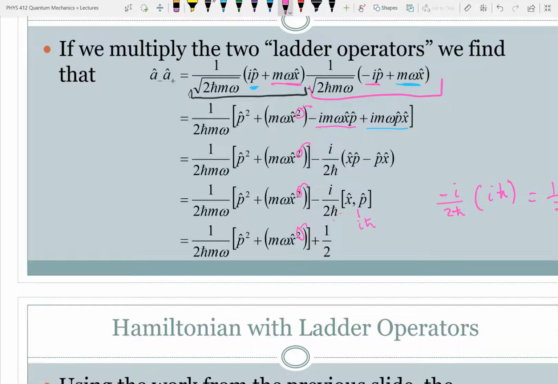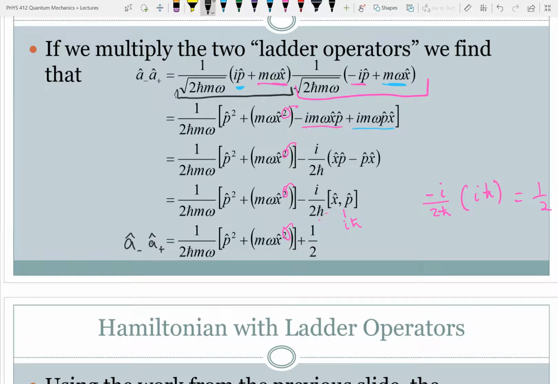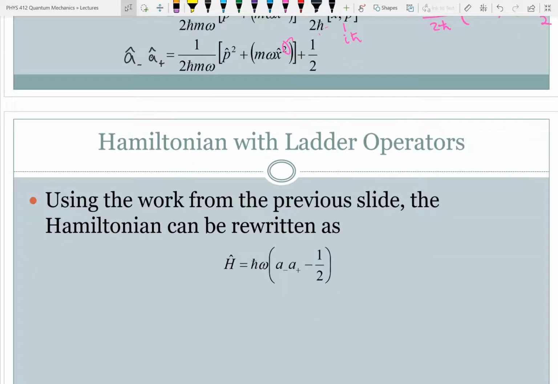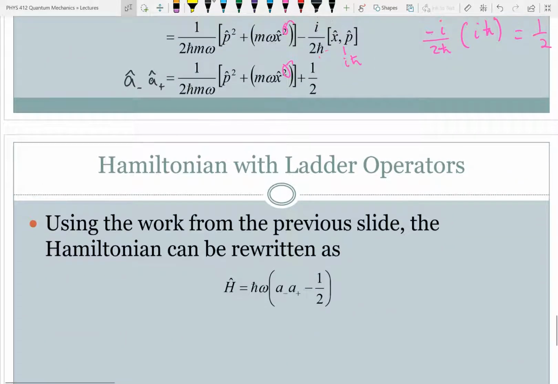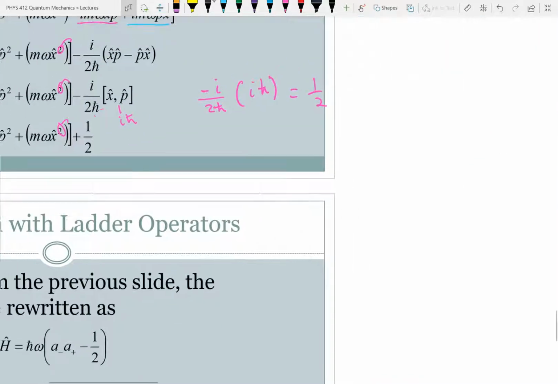So what we have here is A minus operator, A plus operator is equal to 1 over 2 H bar M omega times P operator squared plus M omega X operator all squared, plus 1/2, which allows us to rearrange. And I'm going to show the rearrangement.